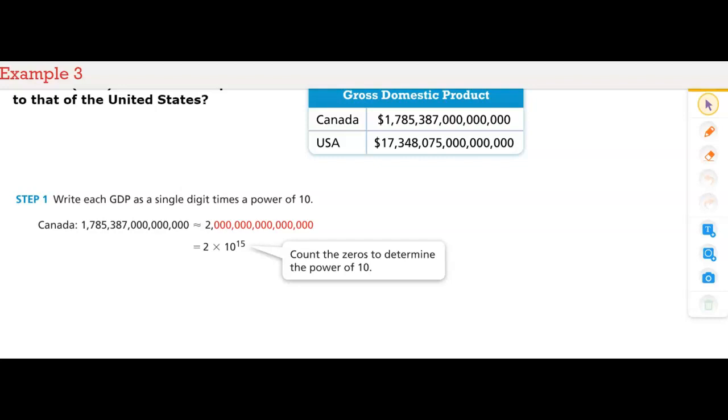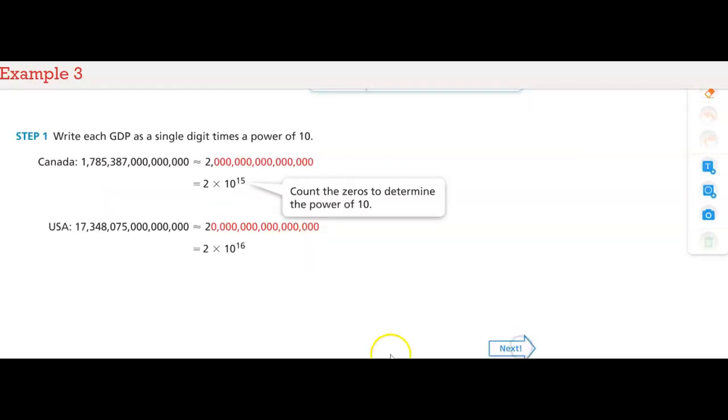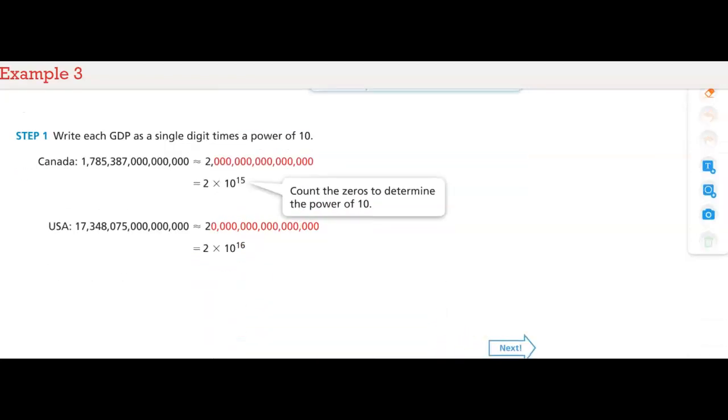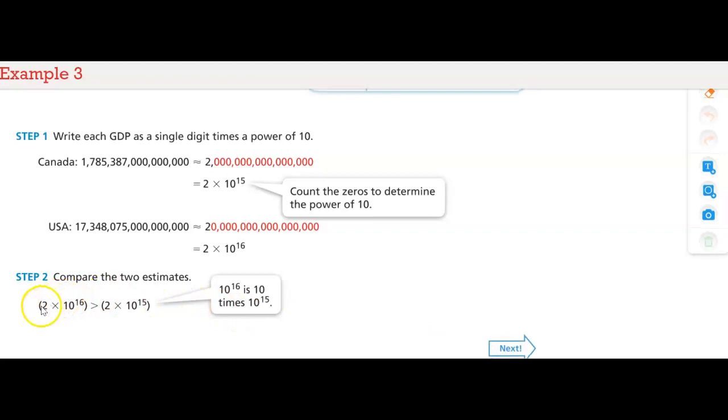Then you have the USA, and then you add all the zeros. Compare, and so 2 times 10 to the 16th power is greater than 2 times 10 to the 15th power. So the US GDP is about 10 times as great as that of Canada.